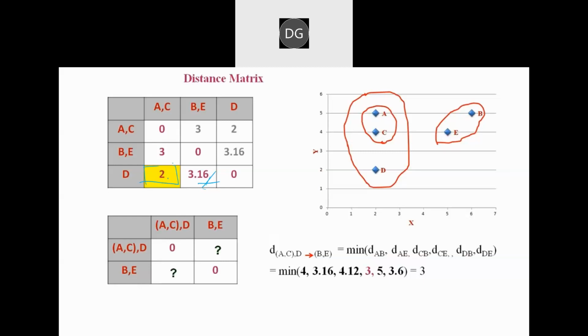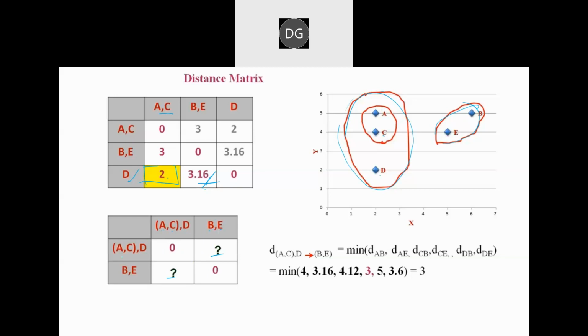And for 2, which two points are matching? A, C and D are matching together. So AC is already one cluster, and from AC to D I'm creating another new cluster here. Okay, and B and E we have already found. Now after combining all these three, A, C and D, and B, E, we have to find the distance between these two.